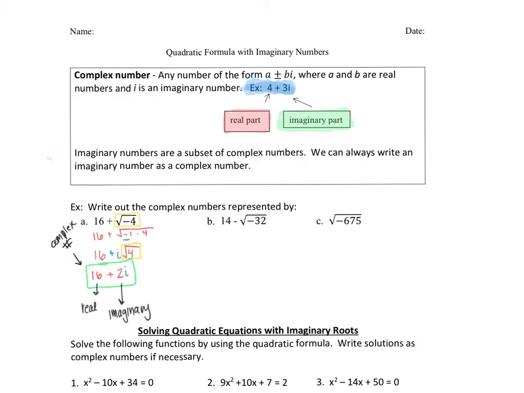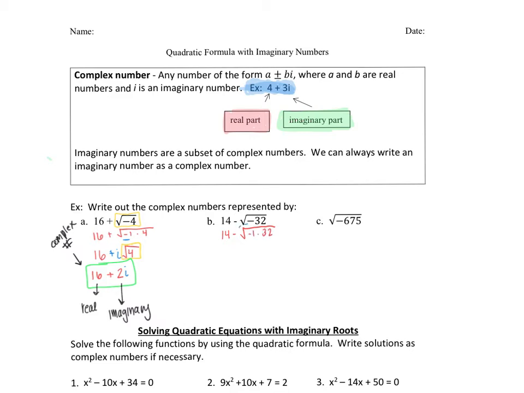So I'm going to go ahead and go over to B. Same thing with B. When we're looking at B, we're doing the same thing that we did with 16. So now we're just going to do it with 14. The 14 is always going to stay the same, okay? Negative. And now I'm just going to break down this radical so I can get a positive number under there, okay?